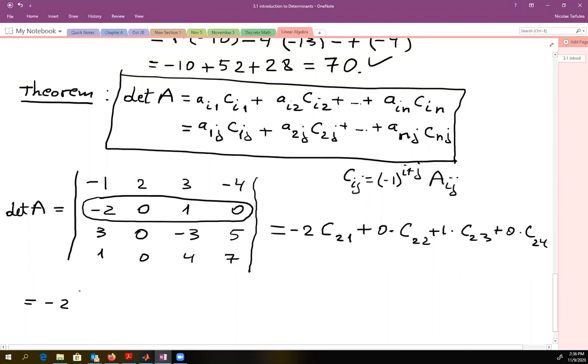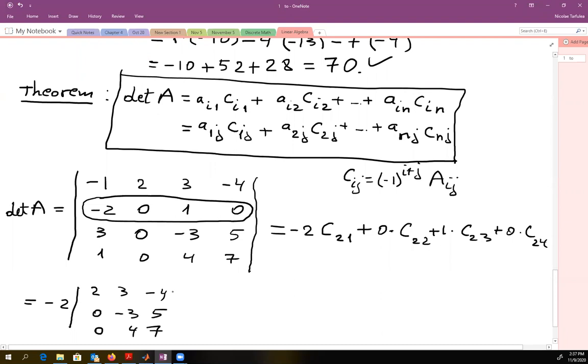In our case, we have to cross out the first column and the second row. So what you have here is 2, 3, -4, and then you have 0, -3, 5, and then you have 0, 4, 7.